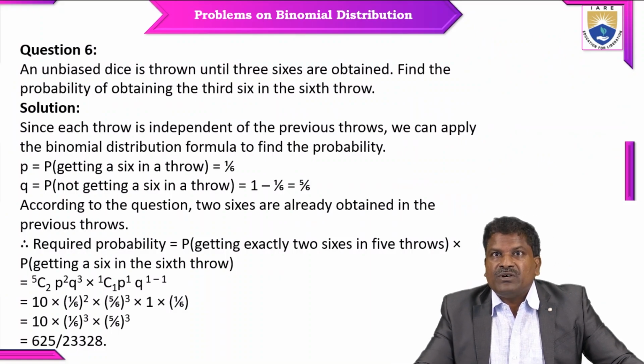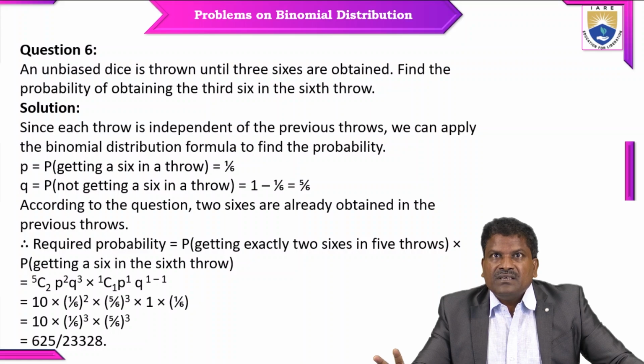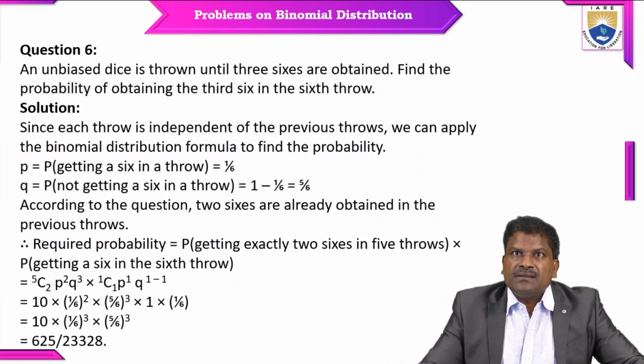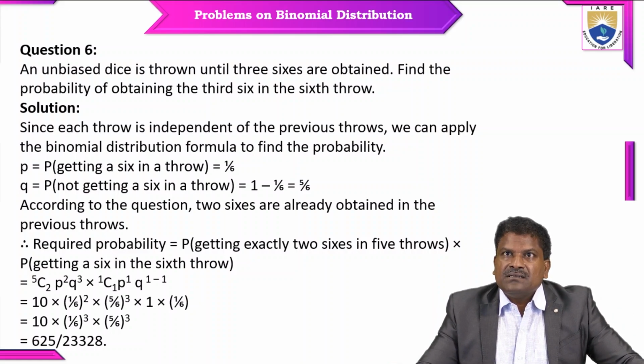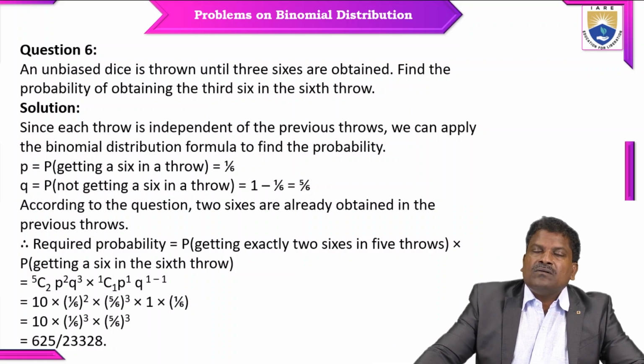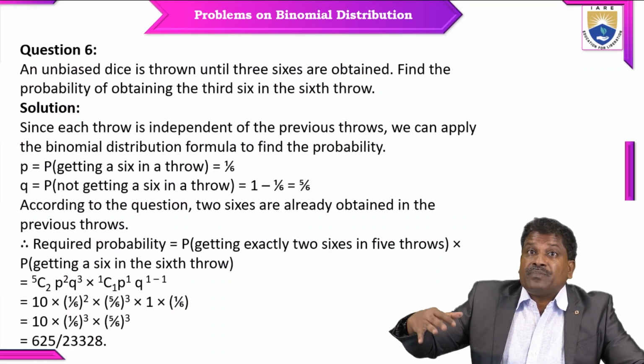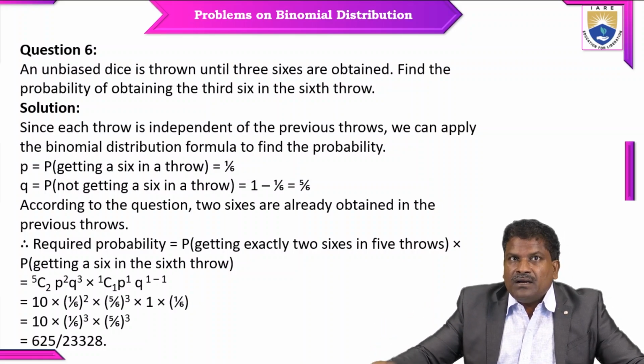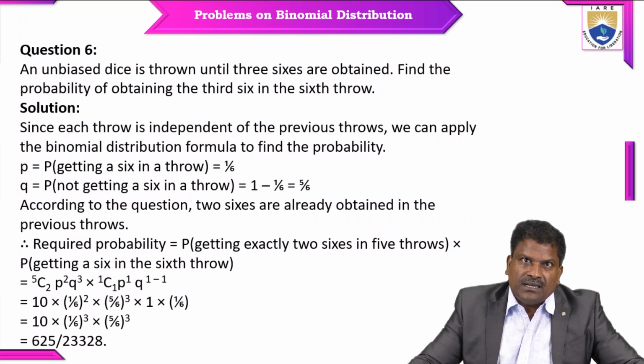Same, let us see one more important sum. An unbiased dice is thrown until 3 6s are obtained. So up to 3 6s come, he has to proceed that trial.